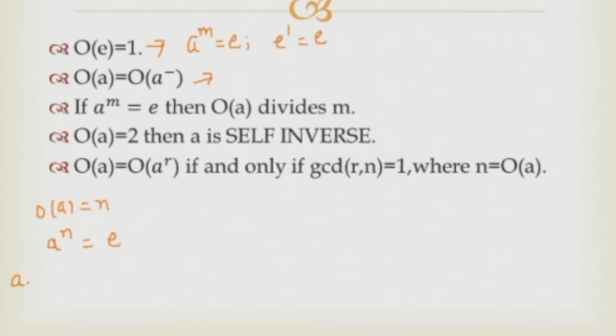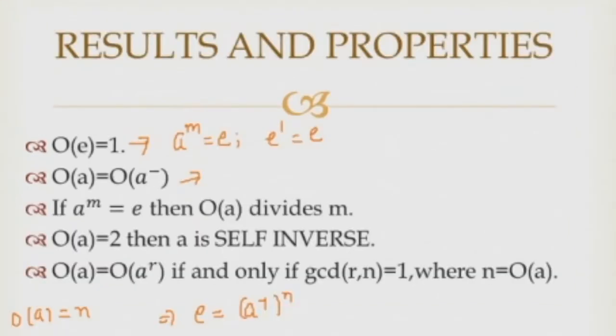So this is nothing but a operated with a, n times, under whatever binary operation is there for the group. Since a is a group element, a inverse has to be in the group. If you operate the inverse element, a inverse, n times, you will get e equal to a inverse raised to the power n. I can conclude that the order of a inverse is also n.